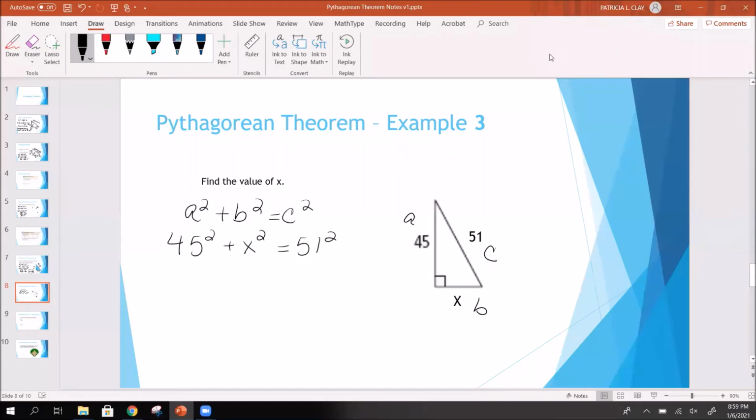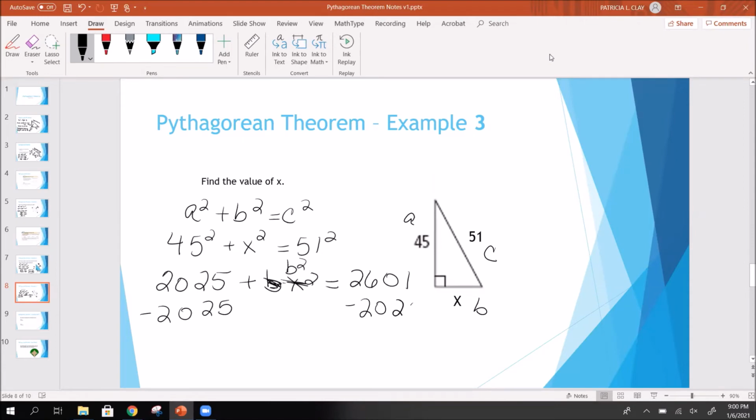Okay, excuse me, I had to get my calculator. Okay, 45 squared is 2025 plus b squared, or really, we'll just keep it as x squared, is equal to 2,601. All right, so now we need to get x squared by itself, or in our case, if it makes it easier for us to think about it, we'll put b squared by itself. Okay, so let's subtract 2025 to the other side.